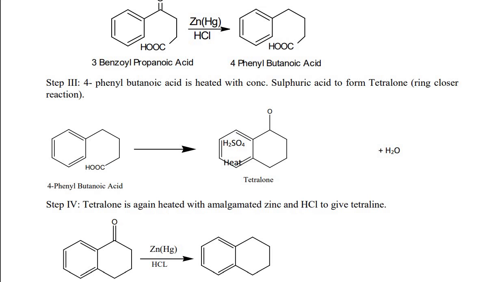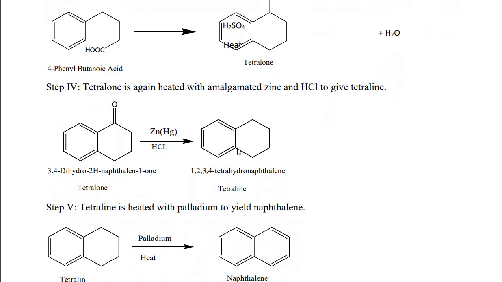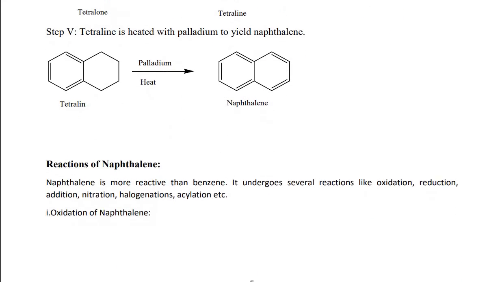This compound is tetralone, which with zinc amalgam gives 1,2,3,4-tetrahydronaphthalene, tetralin. Now this tetralin undergoes palladium and heating, and you will get naphthalene.